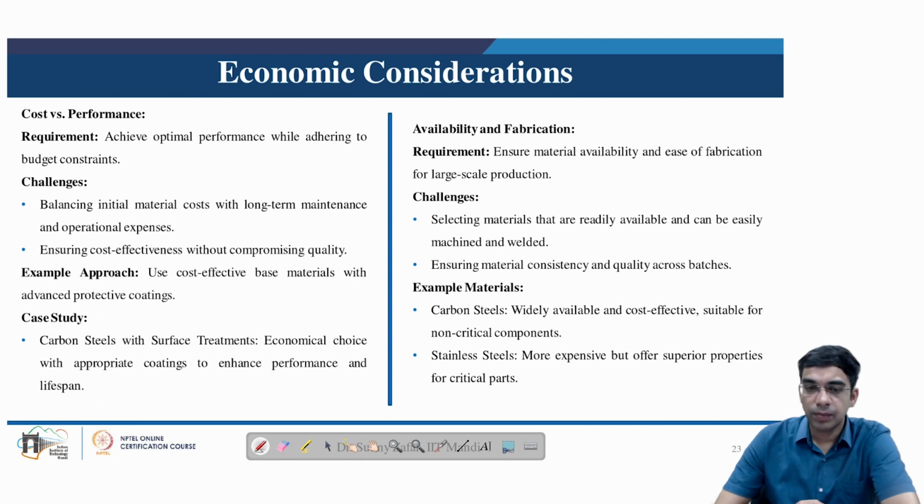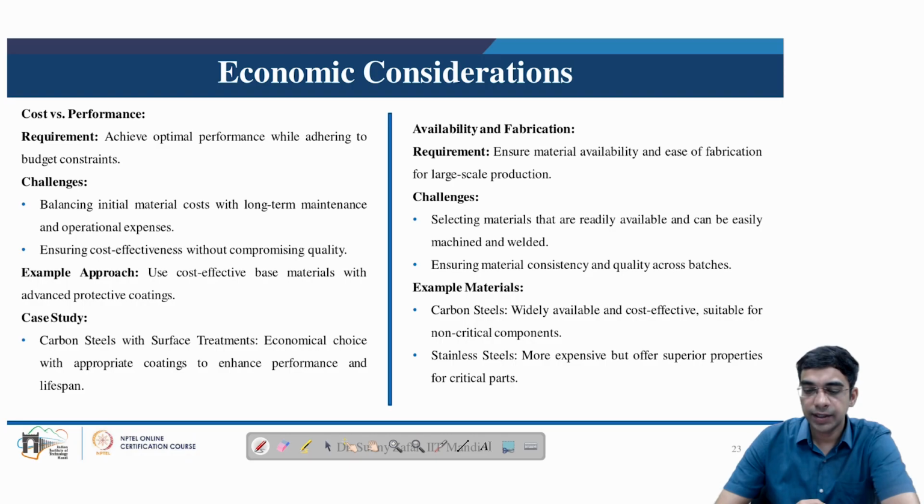Another important economic consideration is availability and fabrication of the material. Whatever material is selected to manufacture the hydroturbine, it should be easily available and easy to fabricate for large scale production. So we can select materials which are readily available and can be easily manufactured, involving machining, welding or other processes.